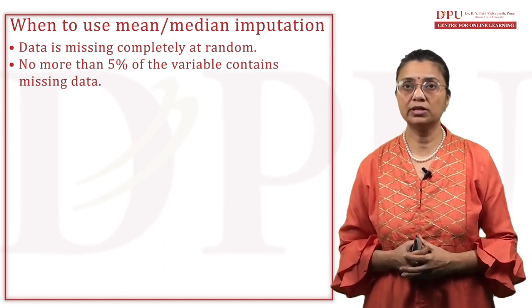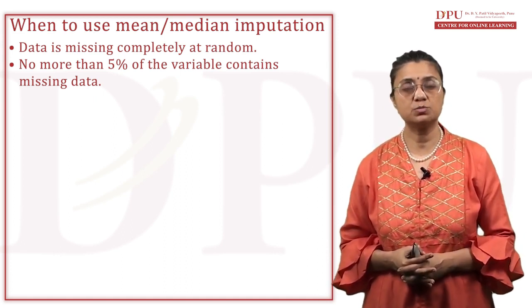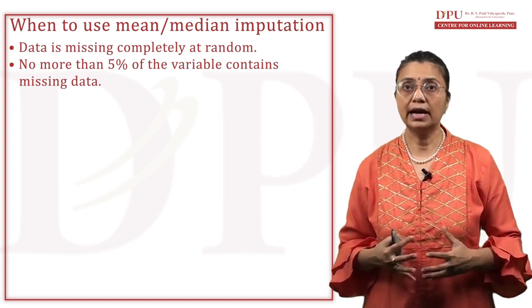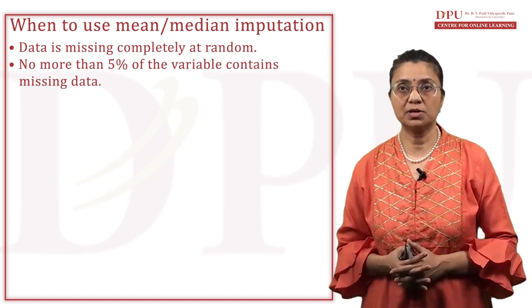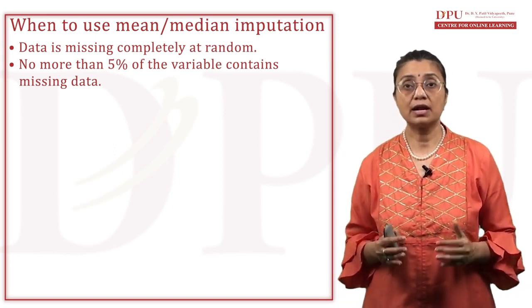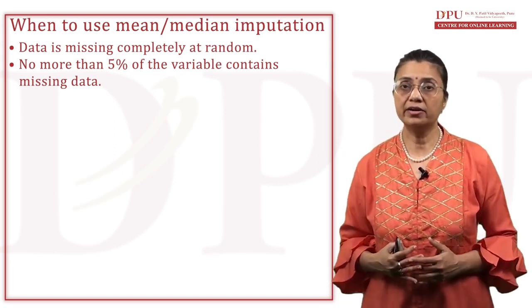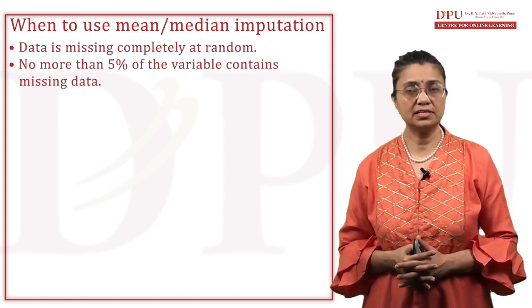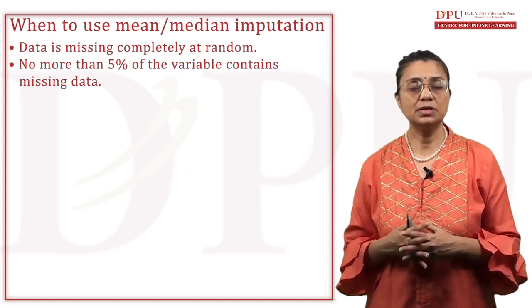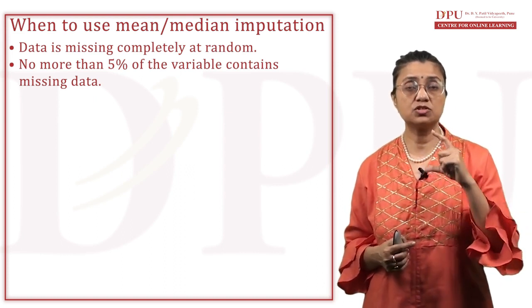Second is that no more than 5% of the variable contains missing data. So in that case, your missing data should not be more than 5% of the data. Suppose there are 100 records, and out of 100 records, 95% of the data is filled and only 5% is not filled.